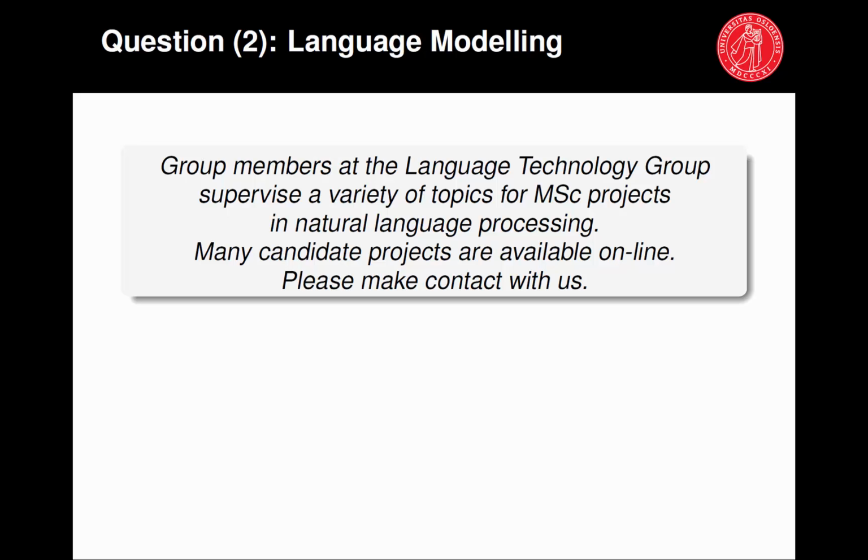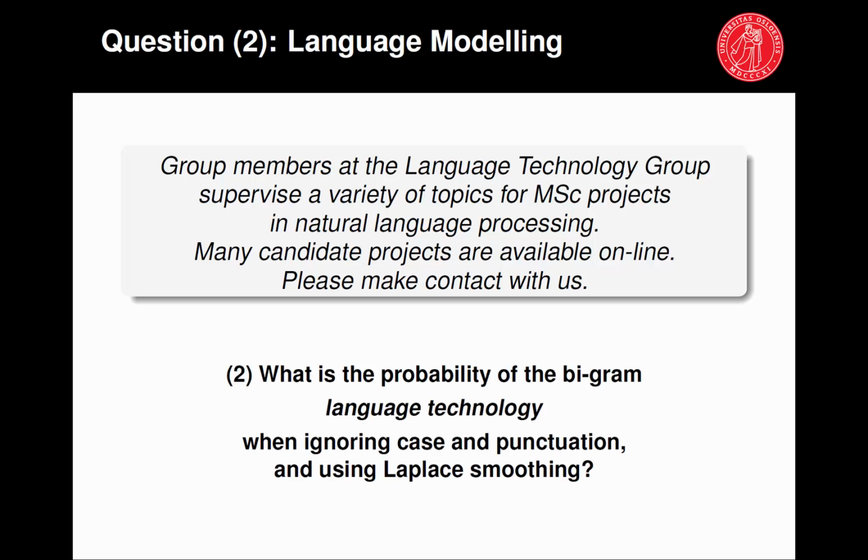But there's a question. So this is our text, our training corpus. What is the probability, given this text, of the bigram, language technology, when ignoring case and punctuation and using Laplace smoothing? Count and calculate.